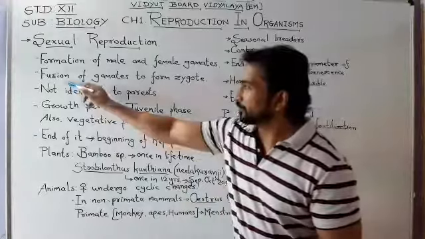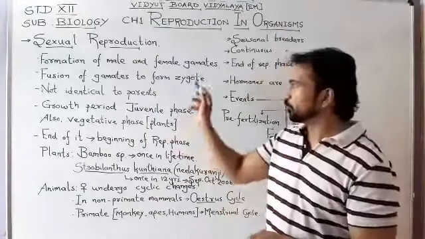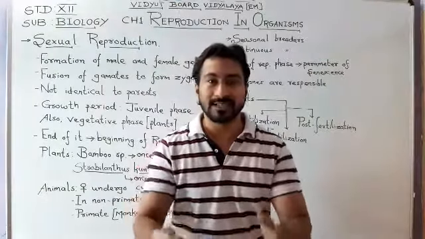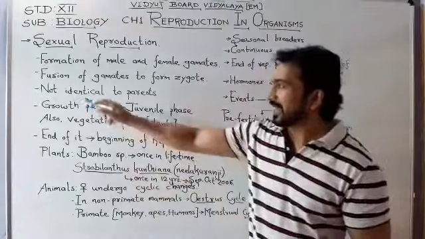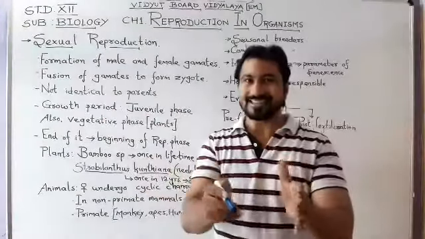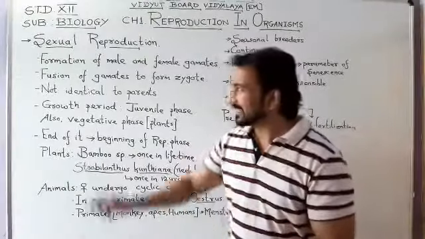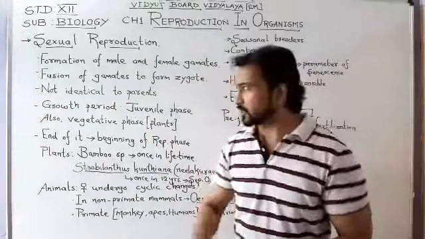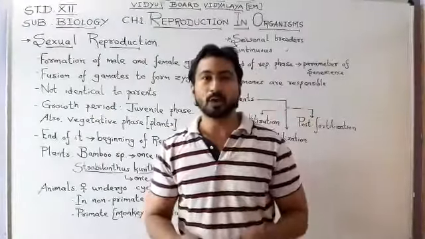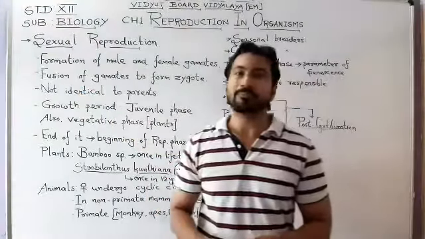Further, the fusion of the male and the female gametes takes place to form a single cell structure that is said to be a zygote. One of the most important properties that differs asexual reproduction from sexual reproduction is that in sexual reproduction, identical organisms are not generated, so the offspring are not identical to the parents.